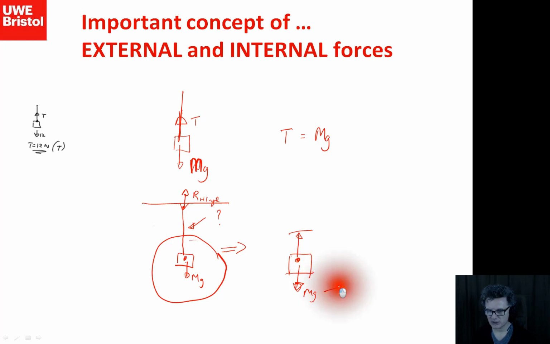So this is an external force here, and we've taken an imaginary cut through the string and we've exposed an internal force, and it turns out that the internal force equals a positive mg value. Okay.